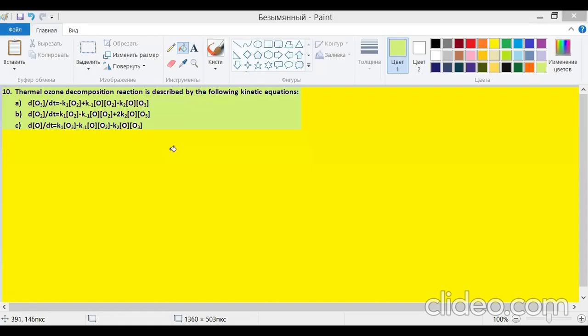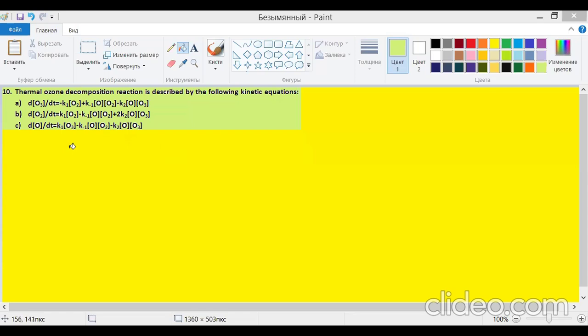Let's proceed to the next problem. It's interesting. Thermal ozone decomposition reaction is described by the following set of kinetic equations. You can see them written.